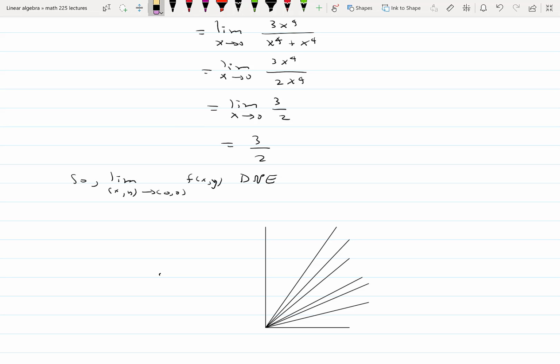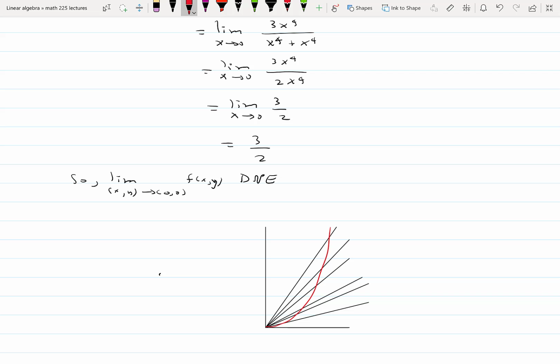Now, here is the parabola y equals x squared in red. Let me redraw it. I'm doing this freehand. That's good enough. Here's y equals x squared.